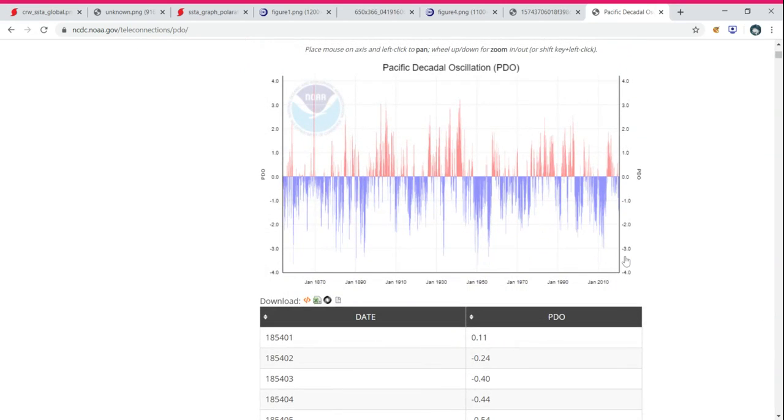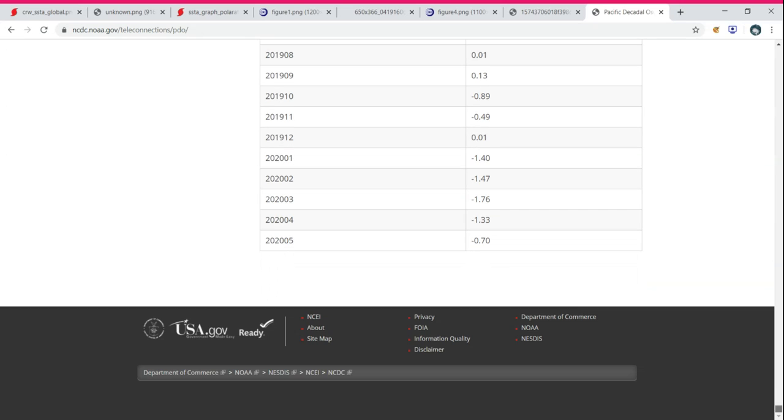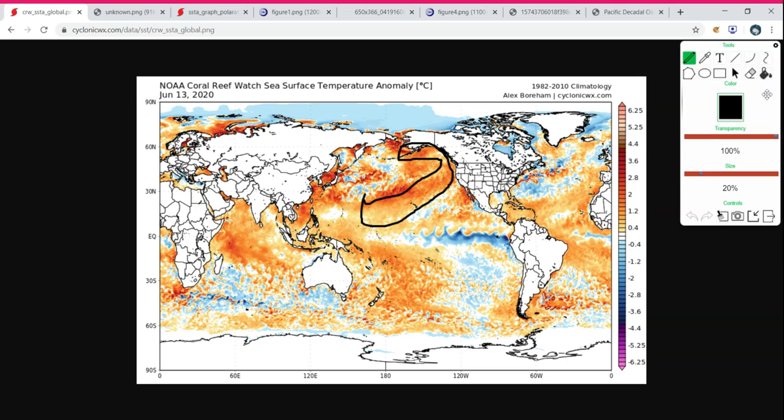You can see at the moment our PDO is in fact negative. That would support colder than normal temperatures, but it has been turning a little more positive lately. So you're going to want to watch these trends as the year continues, because winter is still very far out, and at this point, not much is known.